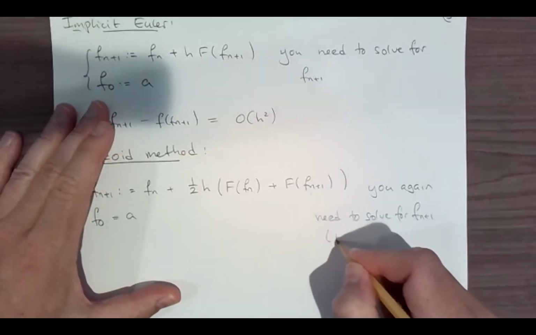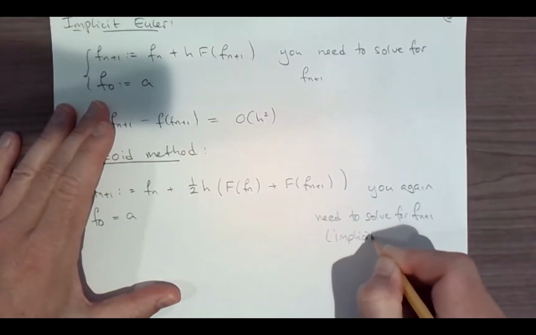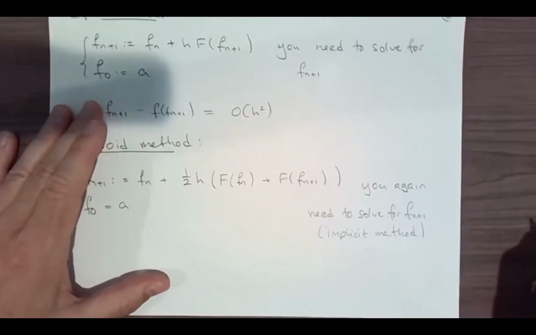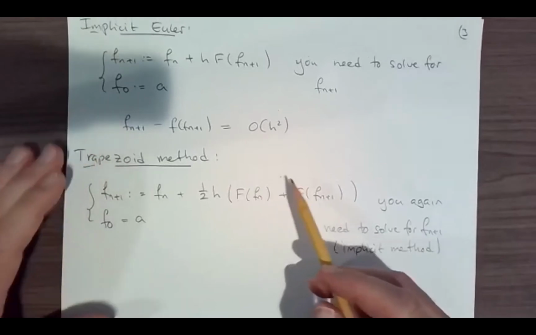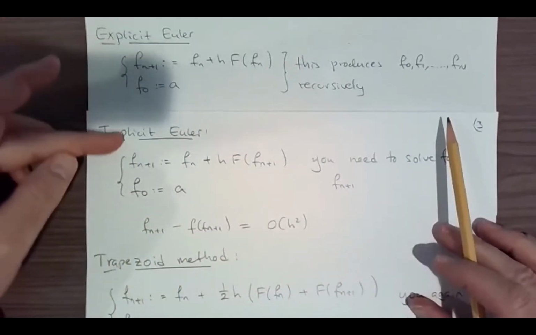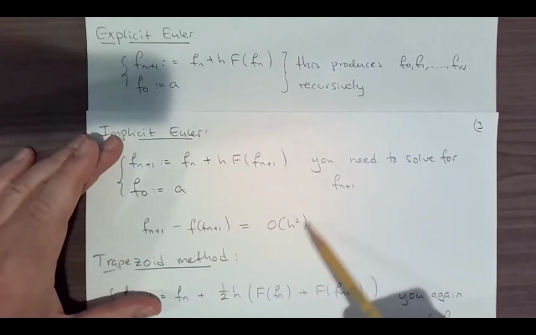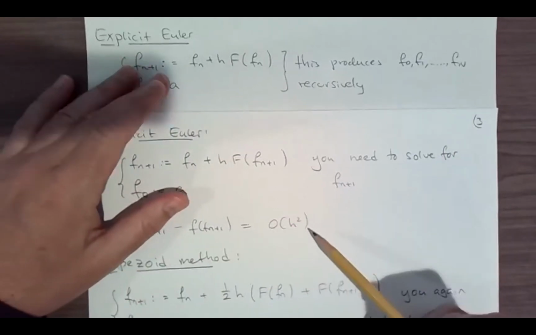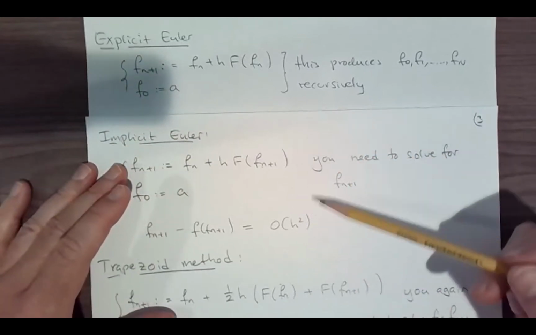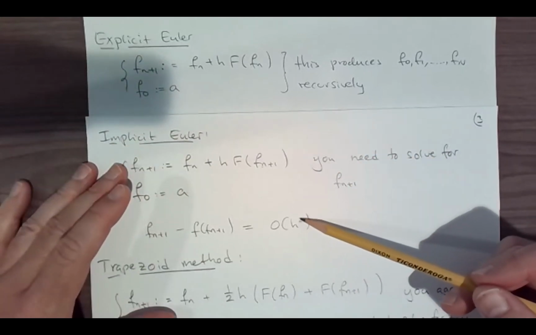This is an implicit method, so there's work to be done here. And you can see when you looked at the explicit and the implicit Euler, got the same error estimate, this O of h squared, what we derived last time. Both of them have the same power.